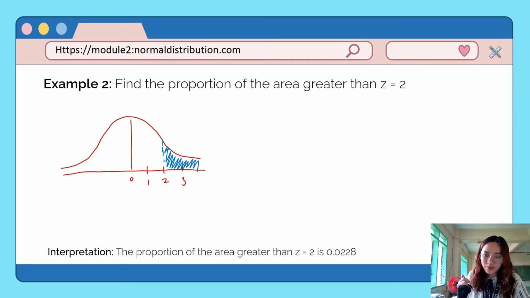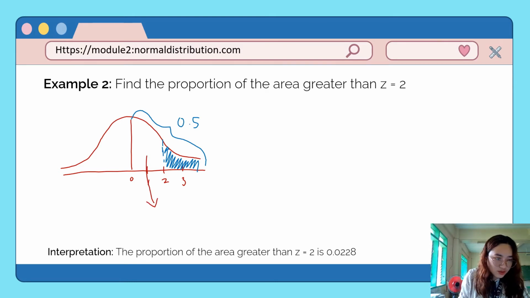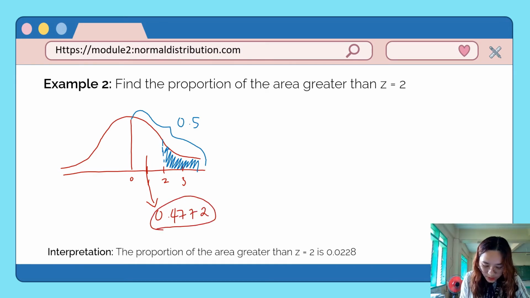Yan po yung hinahanap nating area. Analyze lang ninyo, matatandaan ninyo ang buong kalahati po is 0.5. At using yung ating z-table, mahanap natin ang area between 2 and 0, we have 0.4772. Gamit itong area na to, kaya na natin hanapin yung area.